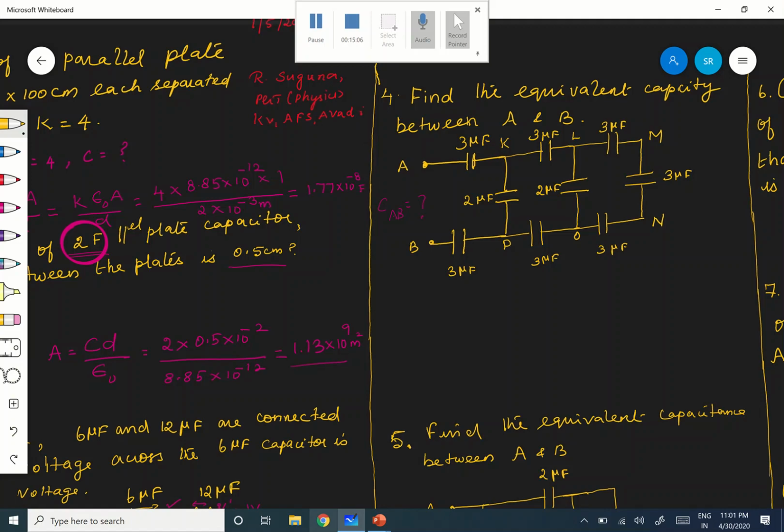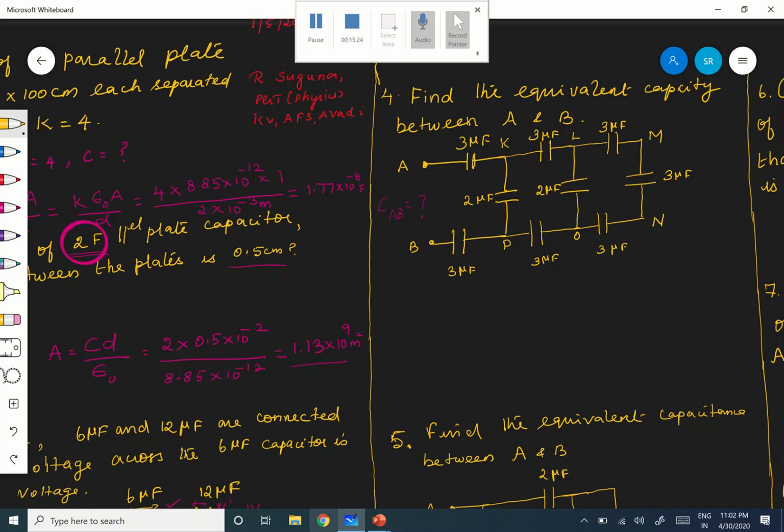Now what you have to do is start from the rightmost corner. Therefore, in this, LMNO.